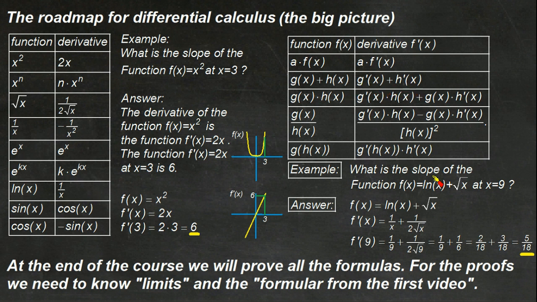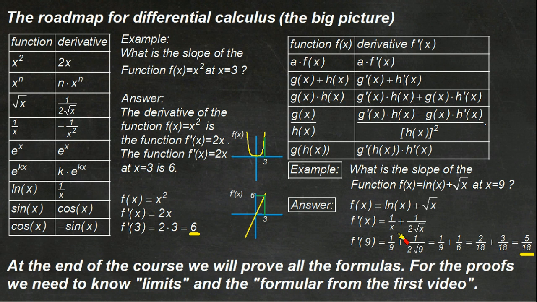I repeat, if the given function is the sum of 2 other functions, we must add the derivatives. So we add both derivatives. The derivatives we already know from table 1.